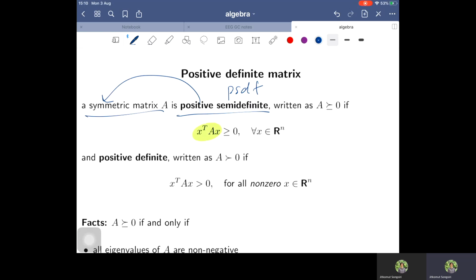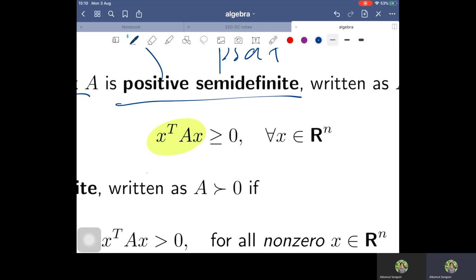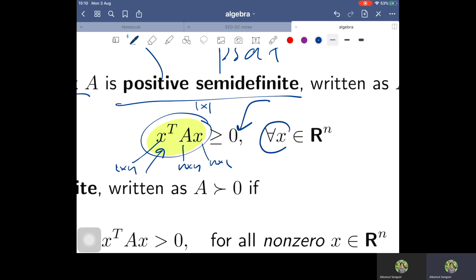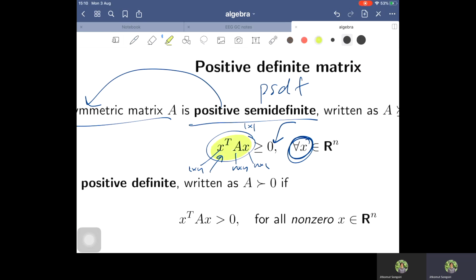If you consider a quadratic form x transpose Ax, and take a look at the dimension, x transpose is 1 by n, so the whole thing is actually 1 by 1. You take a look at this scalar, and whenever this scalar quantity is always non-negative for any vector x in R^n, then by definition A is positive semi-definite.